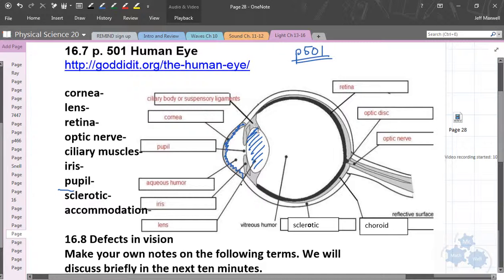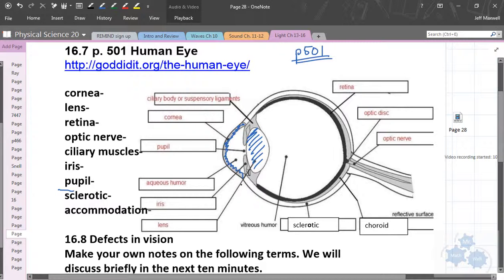What else? Okay, this right here. These are the suspensory ligaments, and these little ligaments are what are attached to your lens. And there's muscles that are associated with this. When the muscles contract, and I think on your diagram, do you have ciliary muscles here as well?